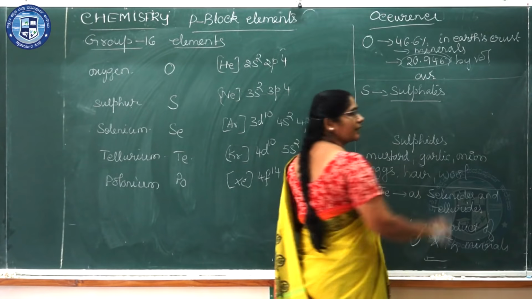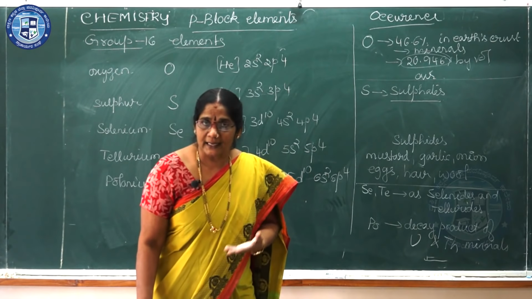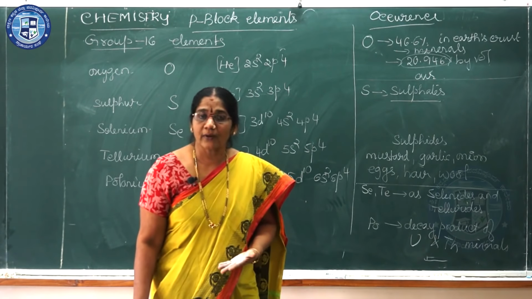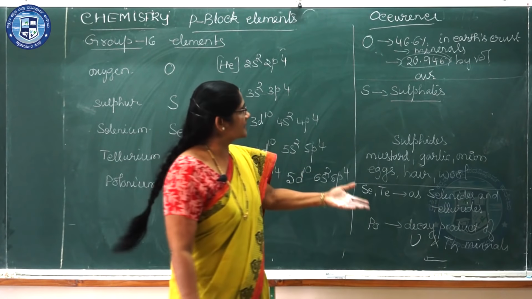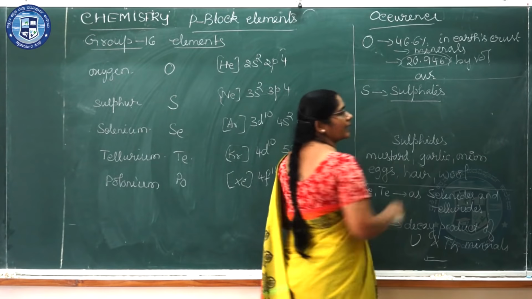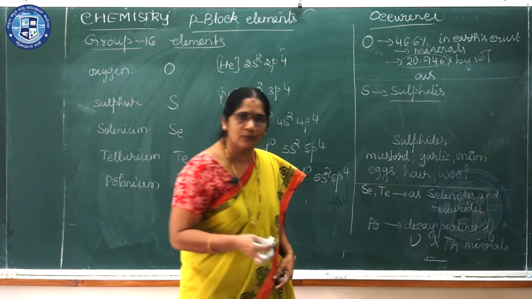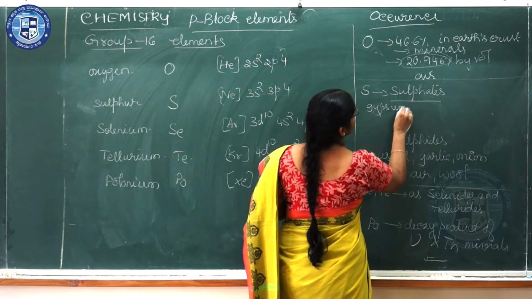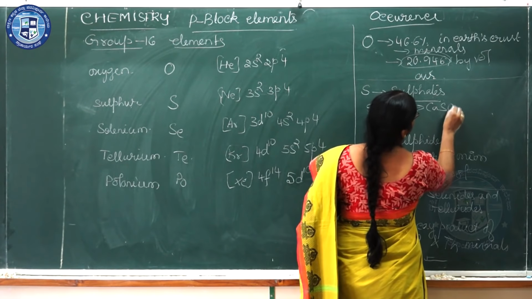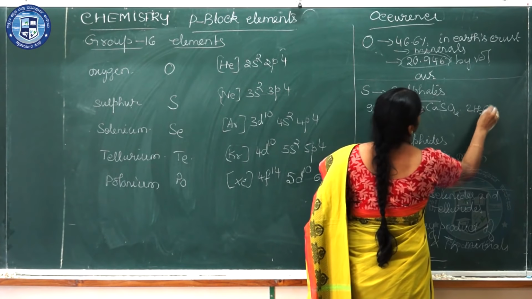Mainly sulfur is present in the form of sulfate minerals, sulfides, and also other forms we will see later. Sulfur occurs in the Earth's crust in the form of sulfates. For example, one important one is gypsum with the formula CaSO4·2H2O.